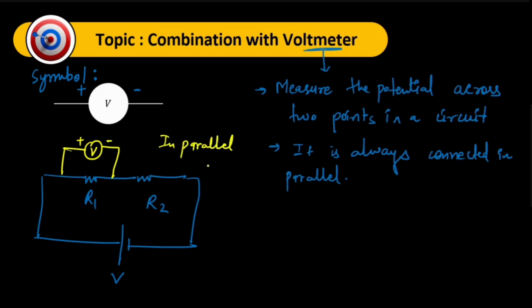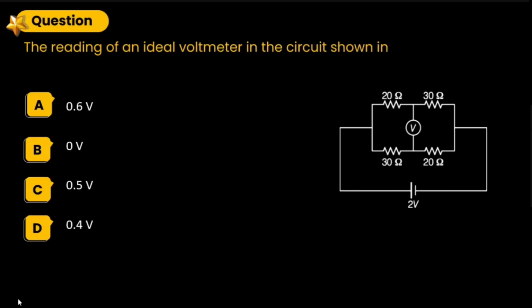And whatever reading we get for the voltmeter, it will give us the potential across the R1 resistor. This is how we can use it. So whenever you see a circuit that shows a voltmeter connected across any element, it is possible that the examiner will ask you to find the potential across that given component. So let us see some problems and it will be easy for us to understand.